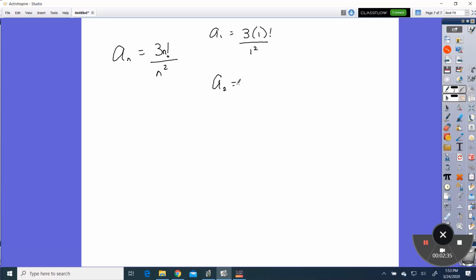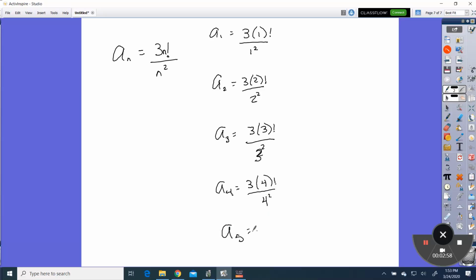The second term is going to be 3 times 2 factorial divided by 2 squared. The third term is going to be 3 times 3 factorial divided by 3 squared. The fourth term is going to be 3 times 4 factorial over 4 squared. And the fifth term is going to be 3 times 5 factorial divided by 5 squared.